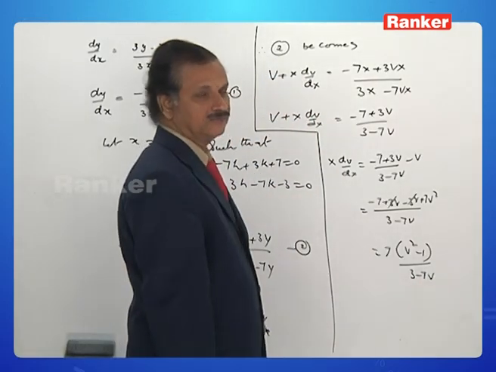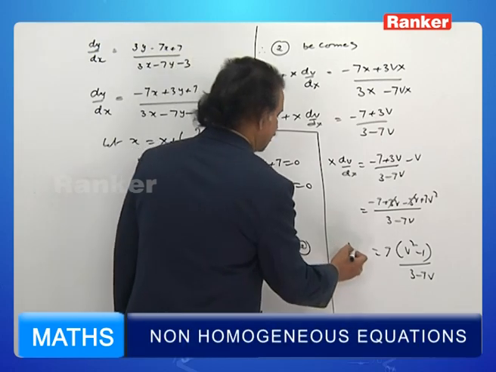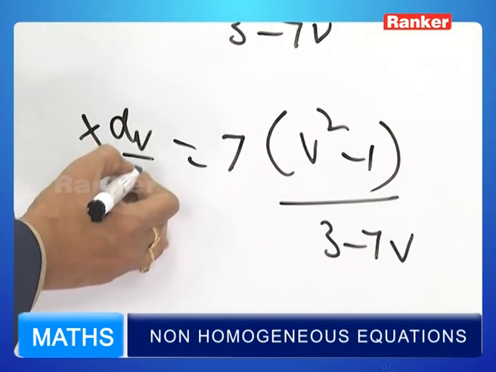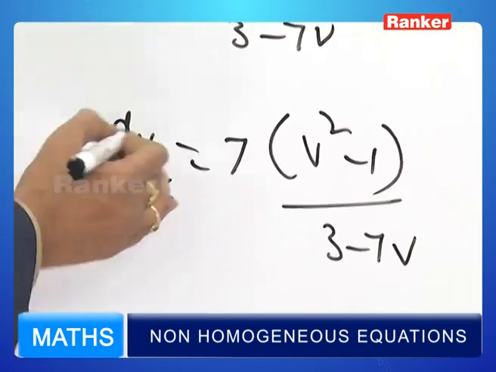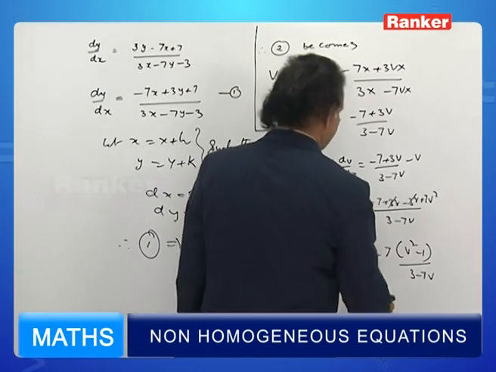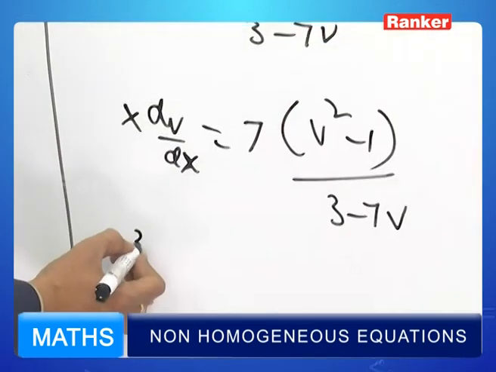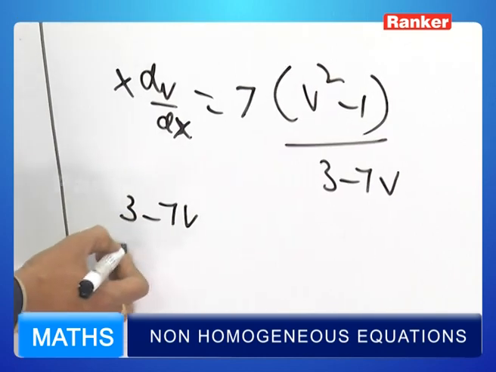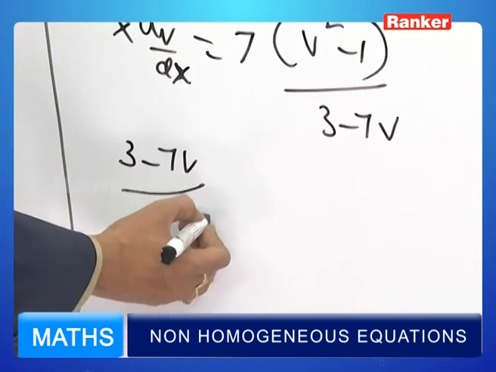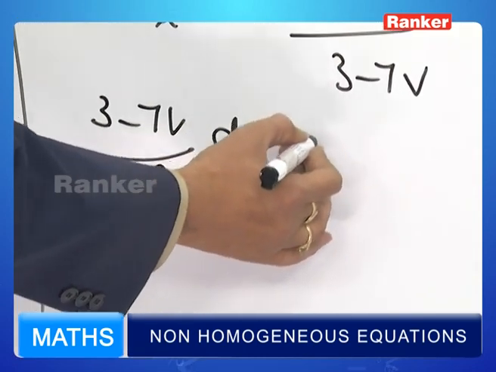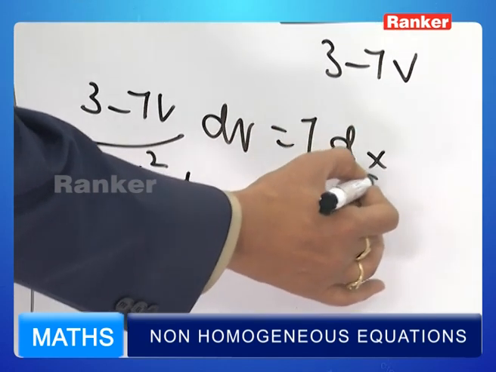Therefore, 3 minus 7v by v square minus 1 dv is equal to 7 dx by x.